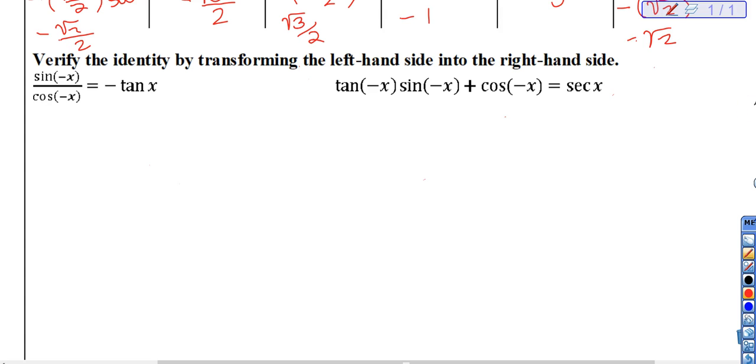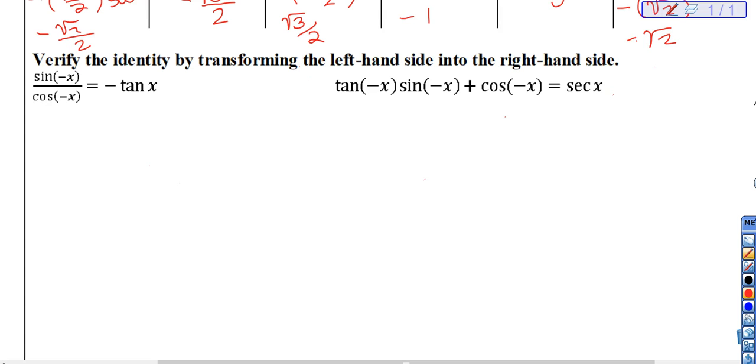Back to verifying identities. Ready? Here we go. Verify the identity by transforming the left-hand side into the right-hand side. Here's my tip. I have now introduced the even and odd identities. Step 1 should be to always look for the even and odd identities.